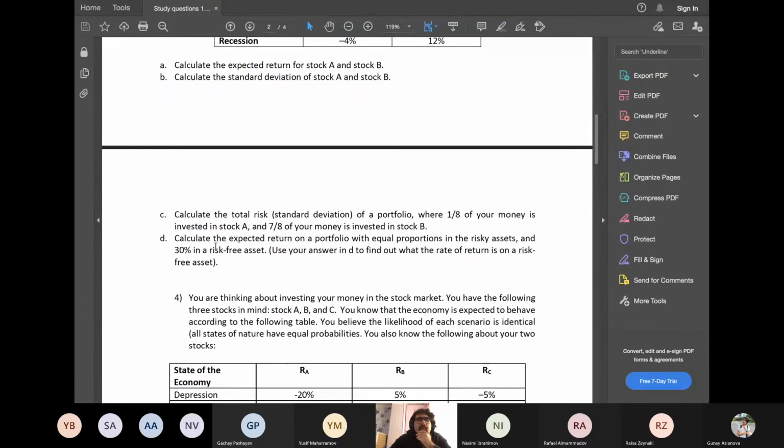And the last part, calculate the expected return on a portfolio with equal proportions in the risky assets and 30% in the risk-free asset.